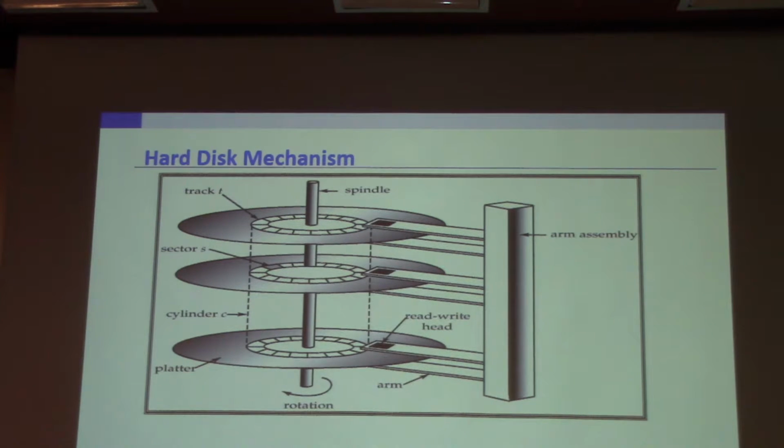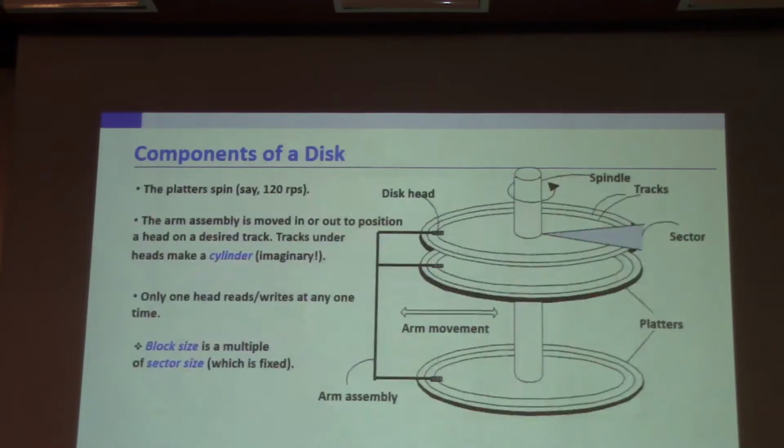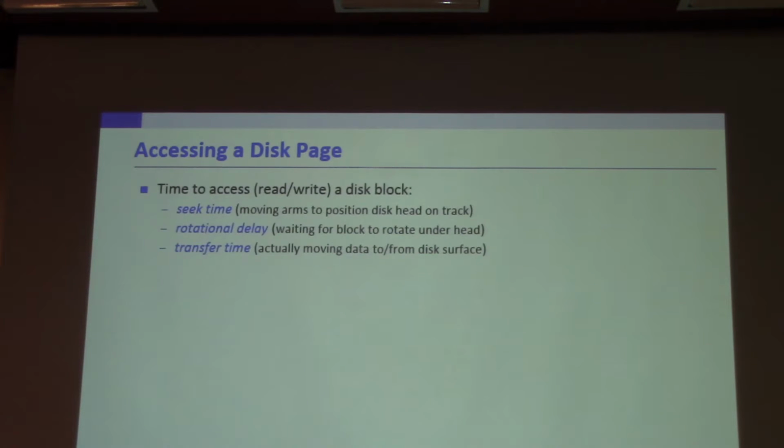You follow me? Meaning when your arm is aligned with the page you are reading and the page is rotating at the same time, there is a cost of converting data as well. You follow me? That's what we call the transfer time.